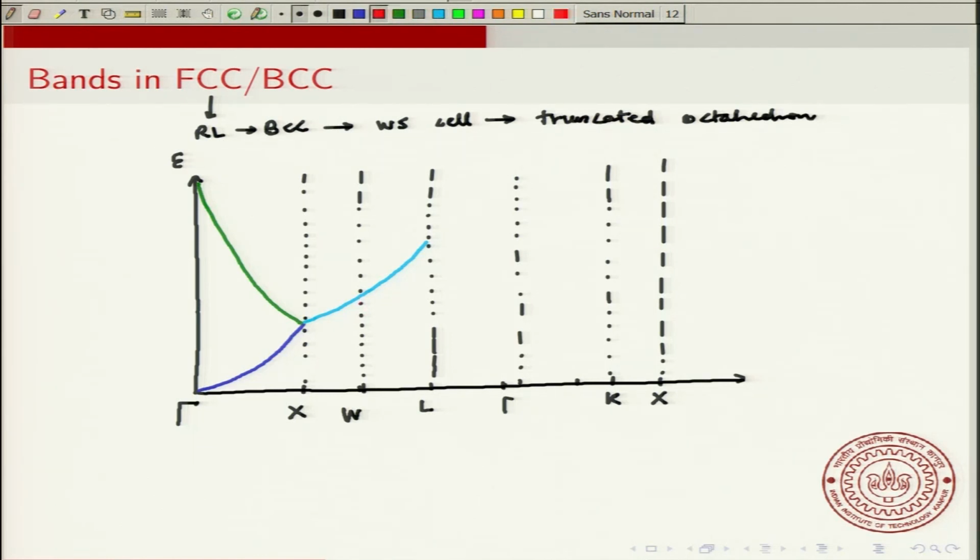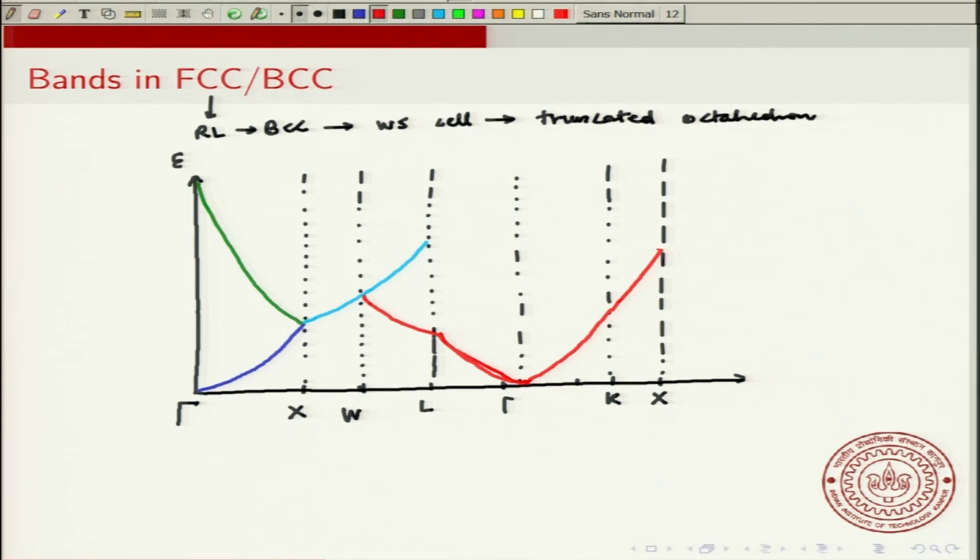Now, there would be other bands. Let us imagine that there is a band that goes like this. This is again the gamma point. Now, at this gamma point you will have this parabolic behavior, and then from gamma to X you will have some other band.